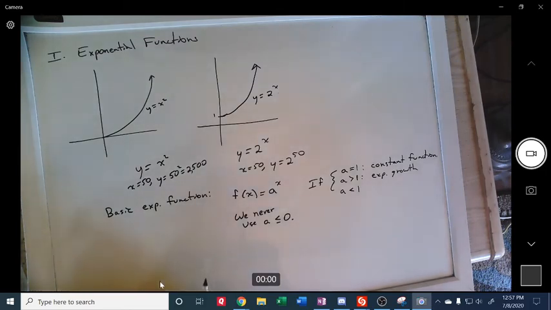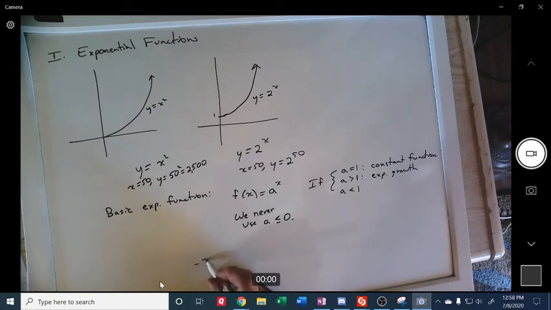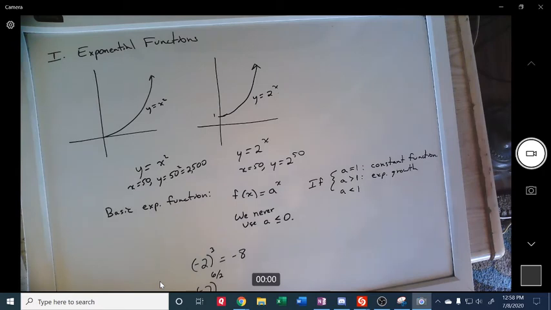If a is negative, we have a real problem. This thing would oscillate wildly between being negative whenever x is odd and positive when x is even, but is actually not really well defined, because you might consider like negative 2 to the third power. Well, that's really well defined because that should be negative 8. But you can rewrite negative 2 to the 6 over 2 power.